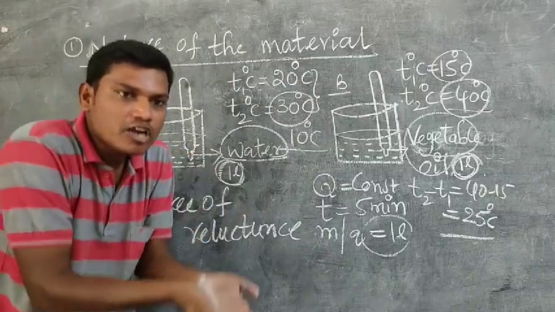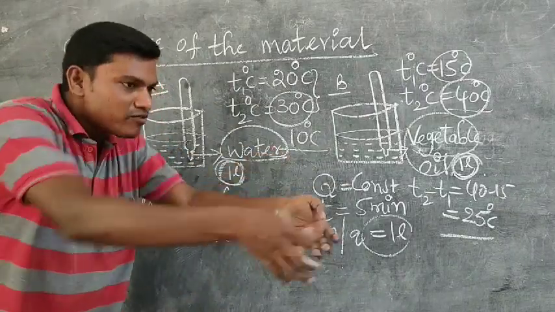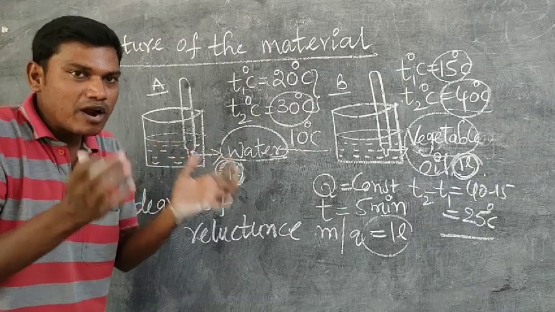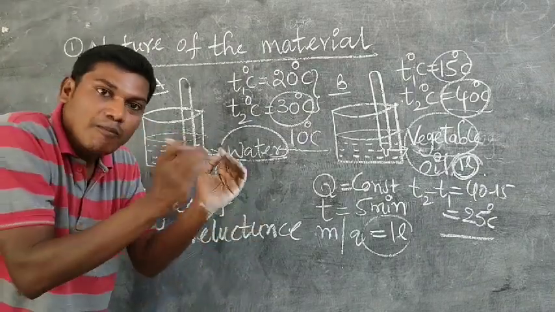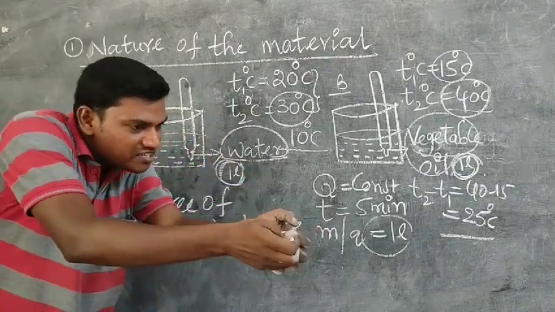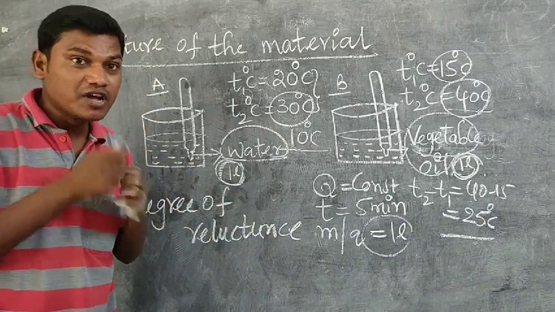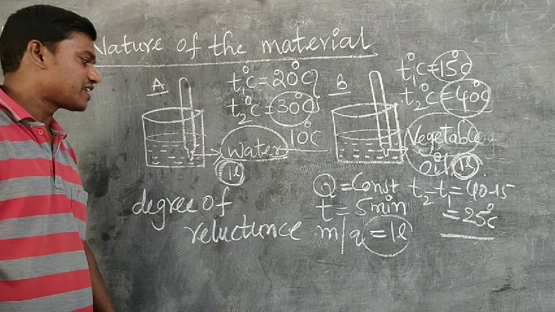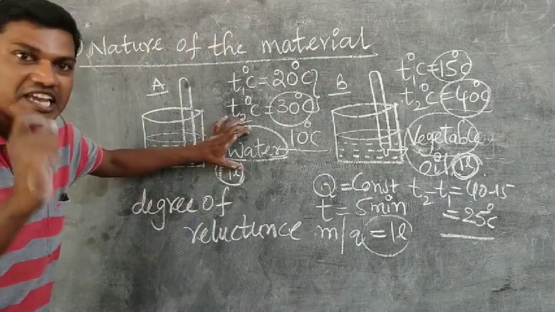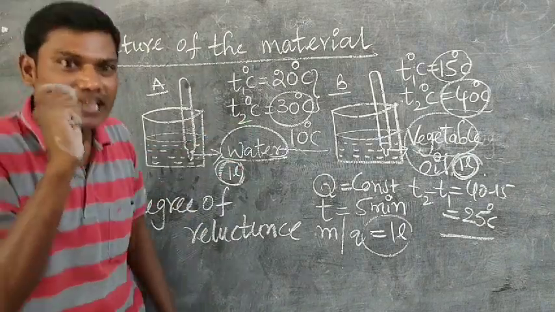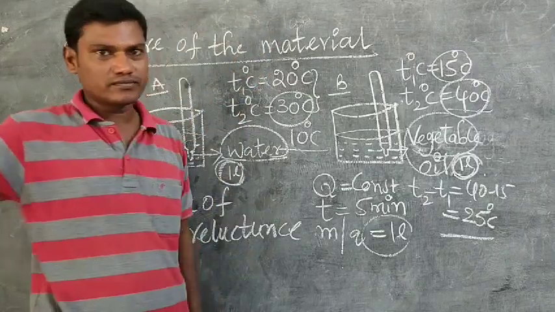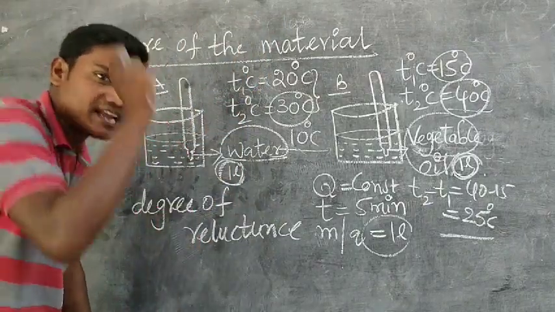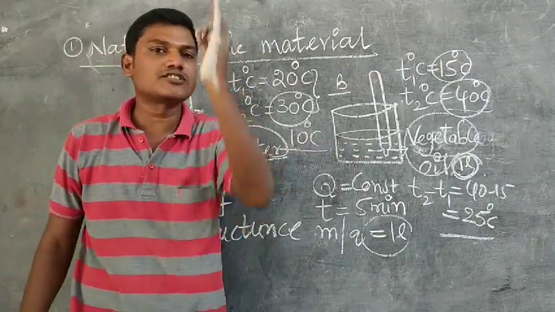Means when you start the heating, every body will start to absorb the heat energy. But some of the bodies will not take the heat energy very fast because that depends upon their specific heat. Simply I am telling that: if the specific heat capacity is more, degree of reluctancy is also more. If the specific heat capacity is less, degree of reluctancy is also less.